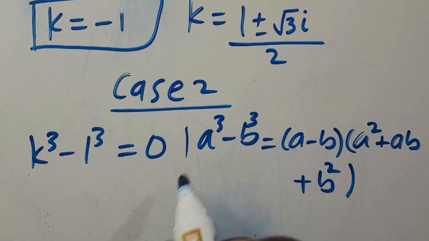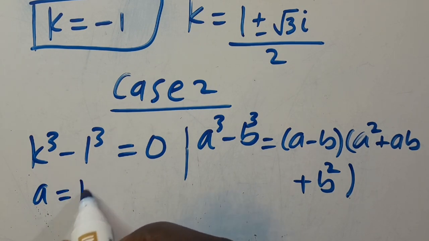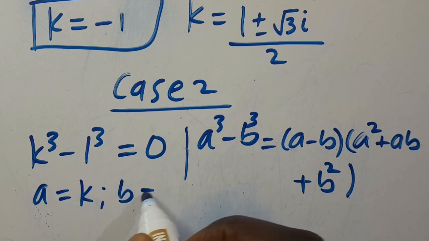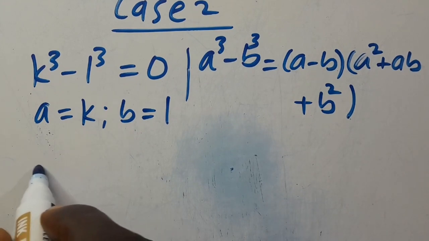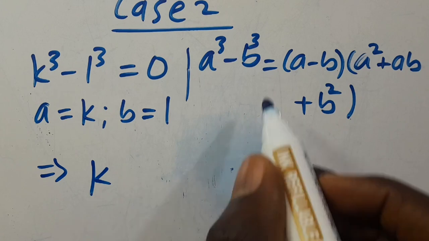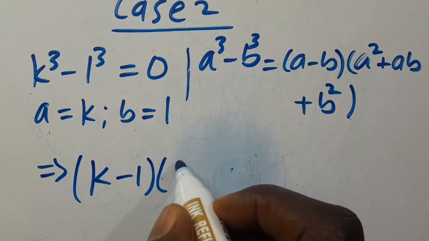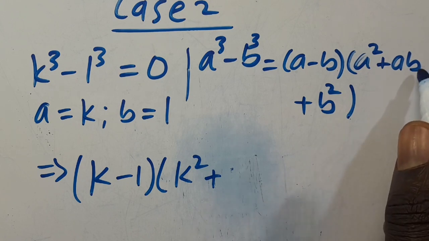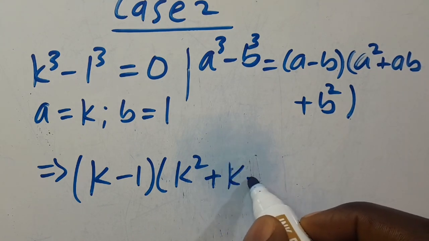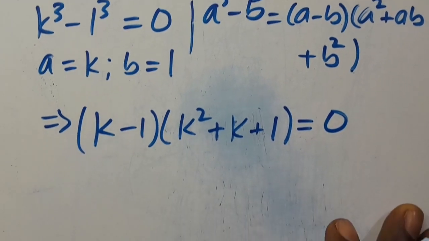So by applying it here, we can see that our a equals k, while our b equals 1. So we are going to have here, applying this one, k minus 1, all in parentheses, again multiplied by k squared, plus a is k multiplied by b is 1, we have here plus k plus 1. 1 squared will be 1.